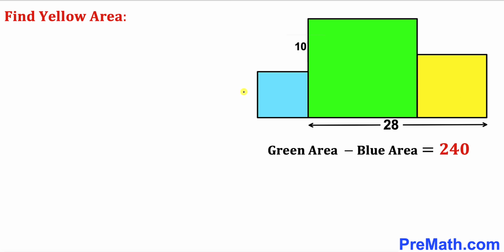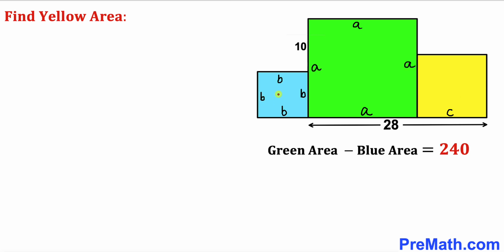Here's the very first thing we are going to do. Let me label these sides. I'm going to call the side of this green square a, the blue square b, and the yellow square c.